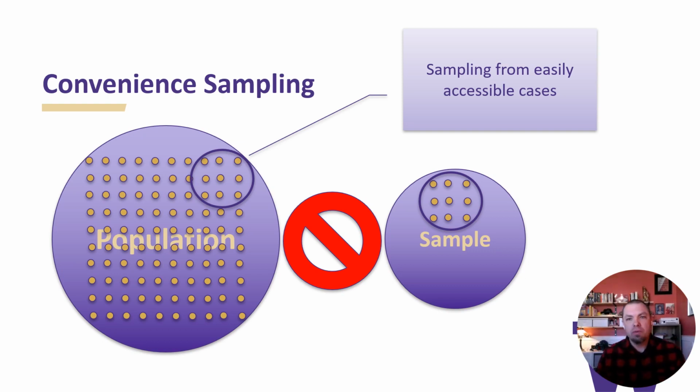Another example, in another type of study, would be sending out a survey on Facebook, for example, or any other social media, Twitter or whatever else, right? Because you're systematically sampling from people you know or people you're connected with, and it excludes everybody else, right? And so convenience sampling is really the least useful form of sampling.